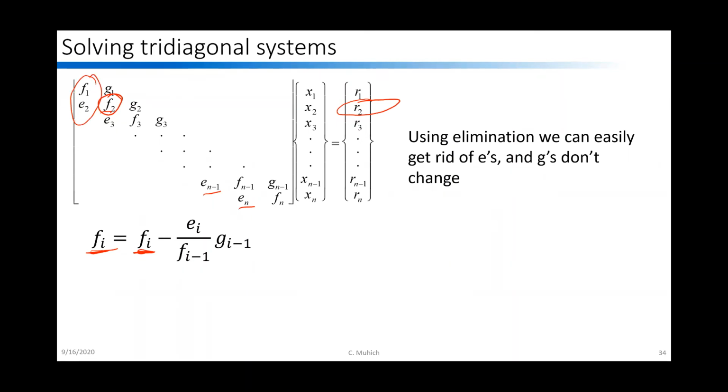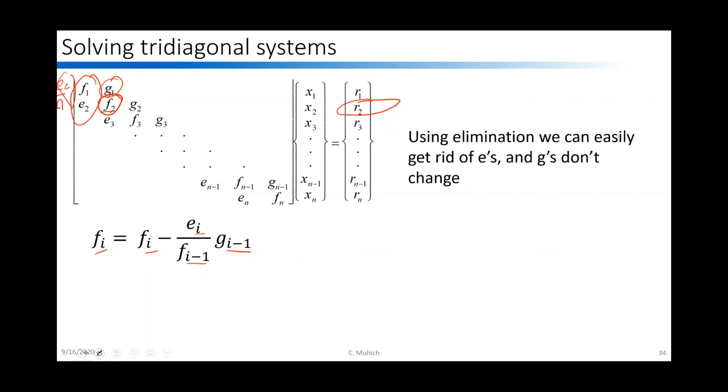This goes back to where we were multiplying that top row through by E2 over F1 so that we can eliminate the E. That's the number that was getting multiplied through times G, which is the element in the same column as the F we're interested in. So relatively straightforward. Each of these subscripts refers to which row we're on.